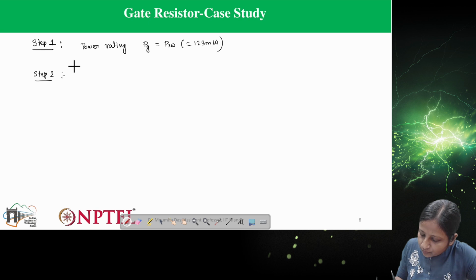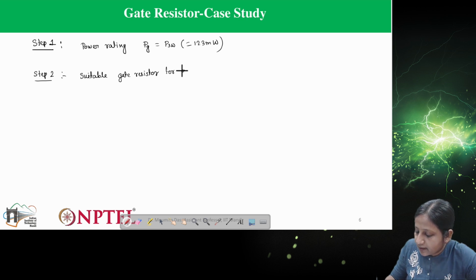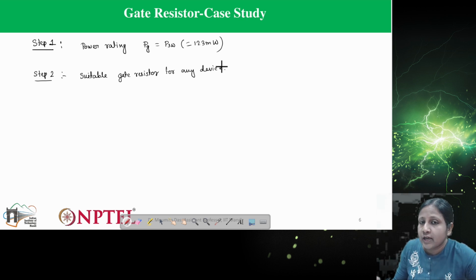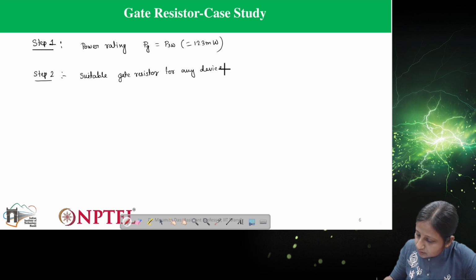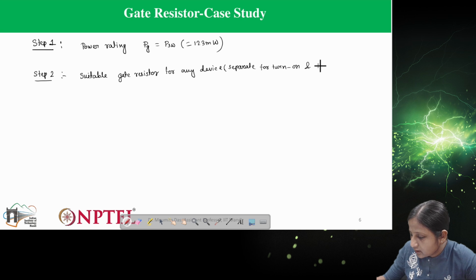Once we have these dynamic characteristics, we can select a suitable gate resistor for any device, but it is advisable to have two different resistors, separate for turn on and turn off condition. So these are the conditions it should satisfy.